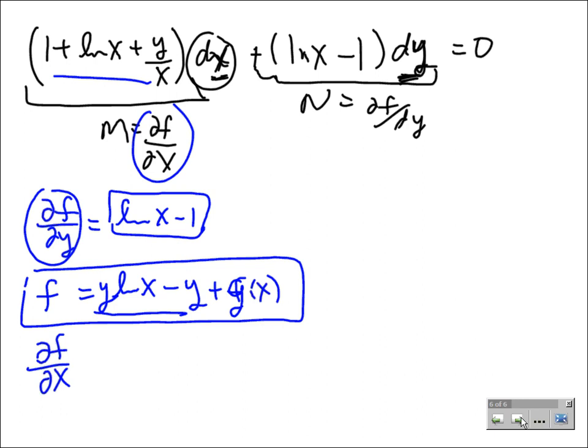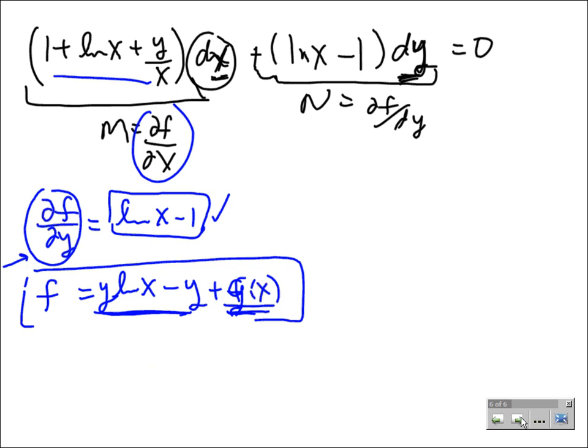And assuming we did this part right, we would get ln of x minus 1 plus the derivative, with respect to y. I'm so sorry. Just like it said over there. The partial of this with respect to y is 0. So here I do get it back.